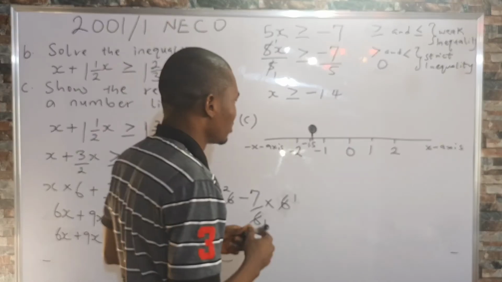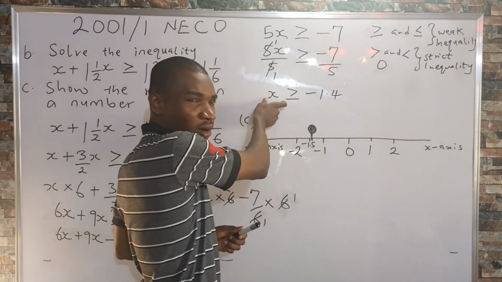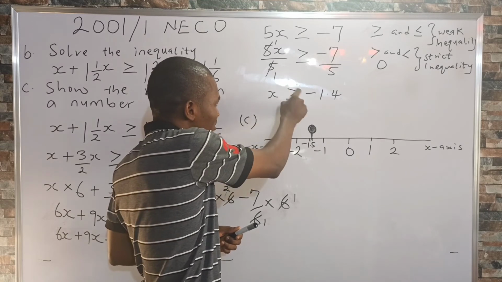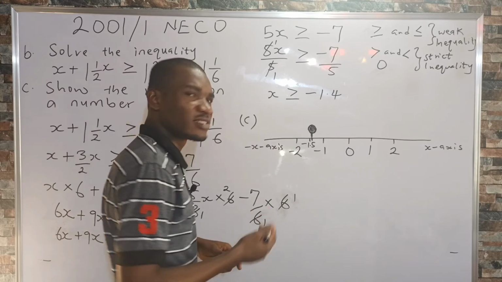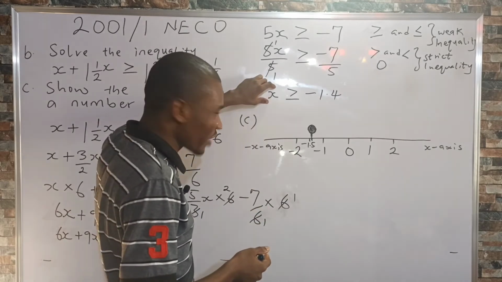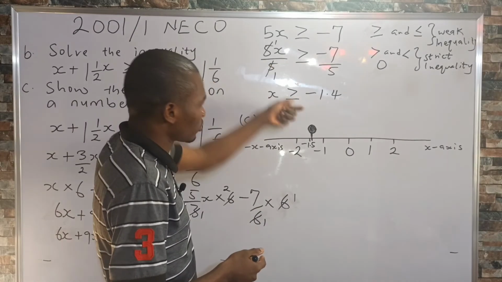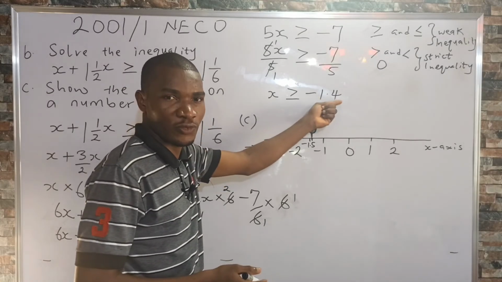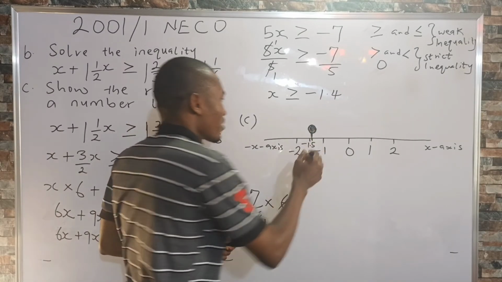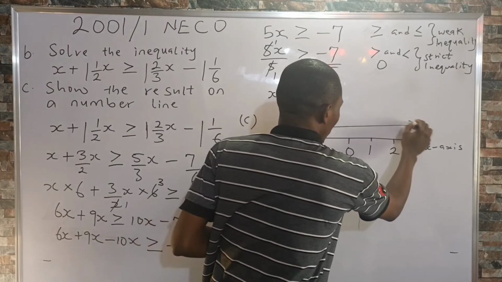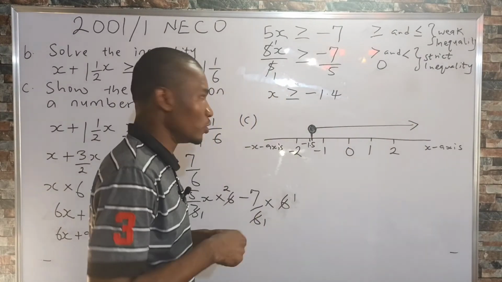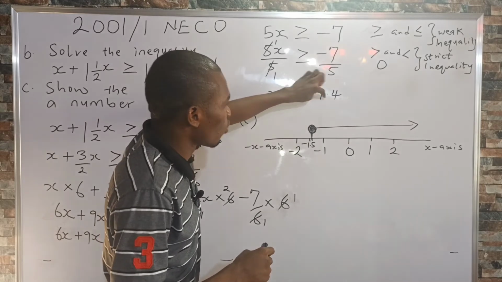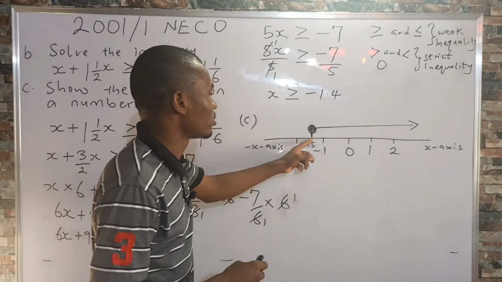After shading it, remember that our range is that x is greater than or equal to negative 1.4. Hence, our direction should go this way, because in this direction lie all the values that are greater than negative 1.4.